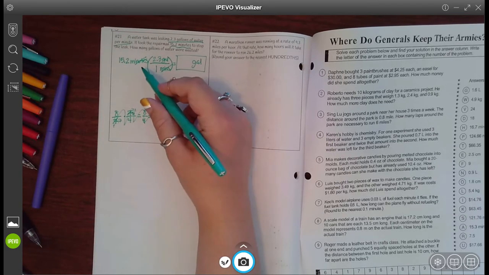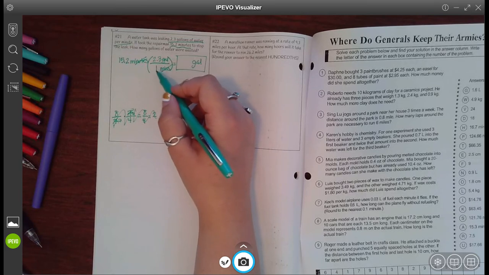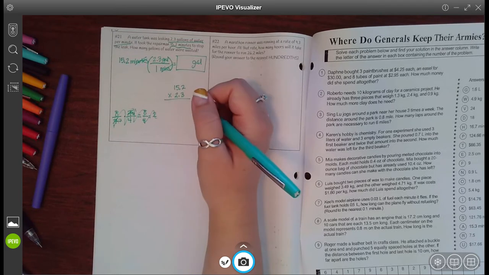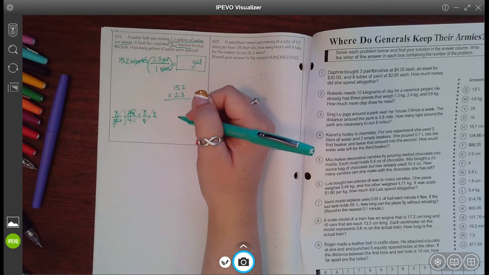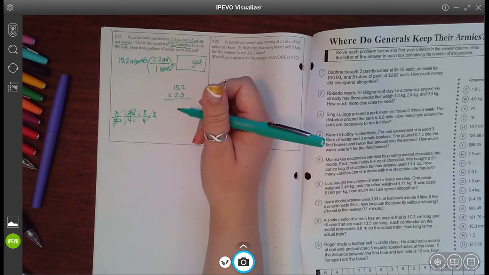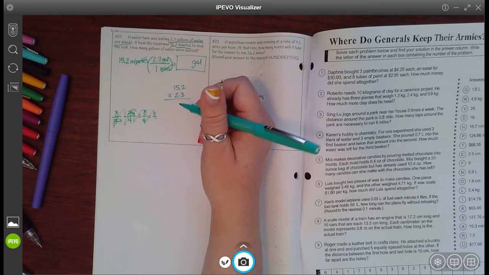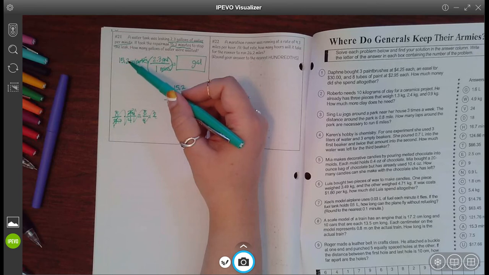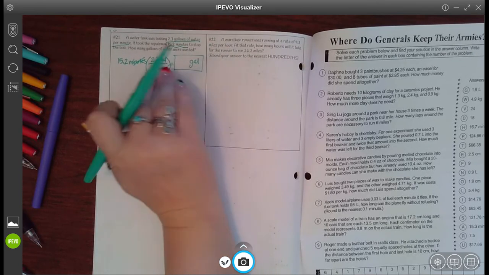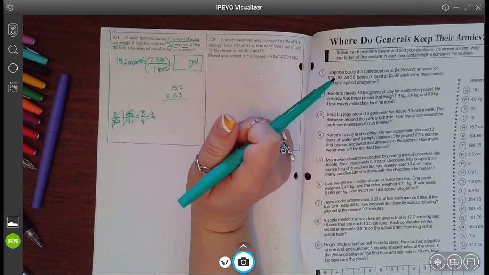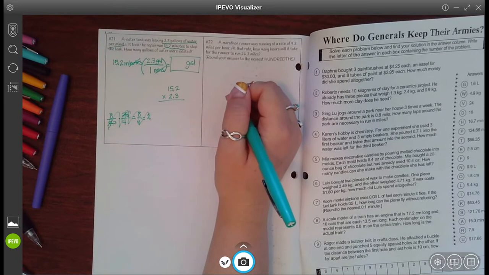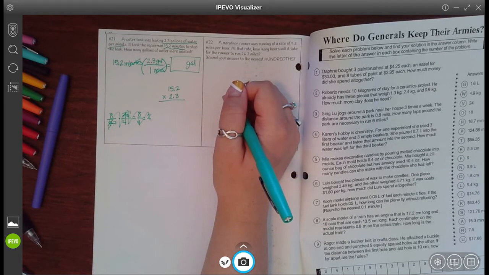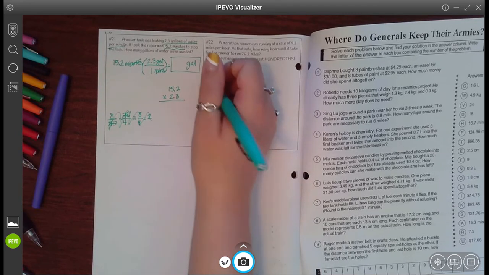Now, if it was 15.2 over 2.3, like if the 2.3 was down here, then I would have divided the two numbers. It would be 15.2 divided by 2.3, but since they're across from each other, I know to multiply them. So if you can't just look at it and figure out if you should multiply or divide, here's another tool that you can use to figure out that we multiply these.